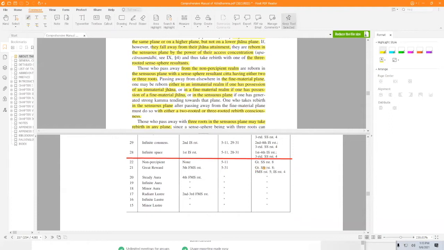So that means that they will take rebirth with any of the 8 great sense sphere resultants.